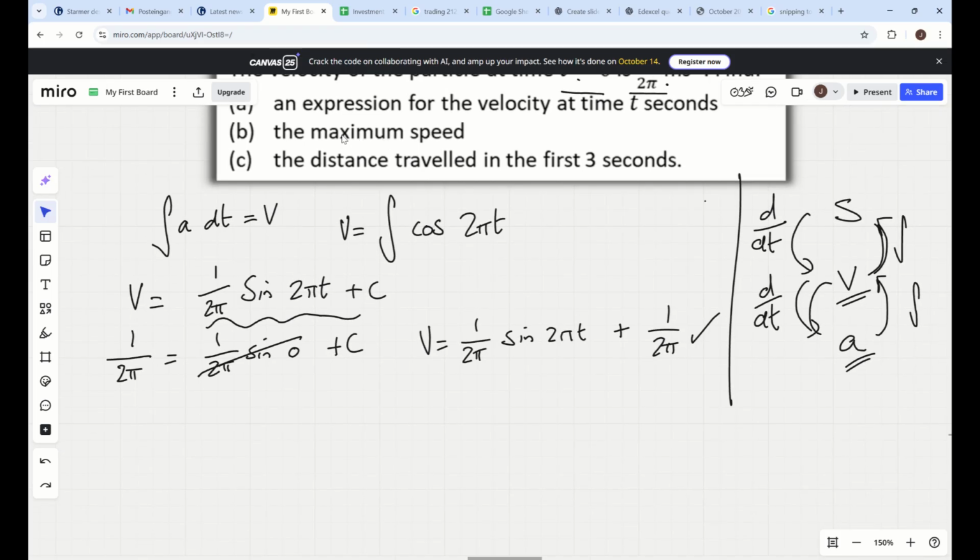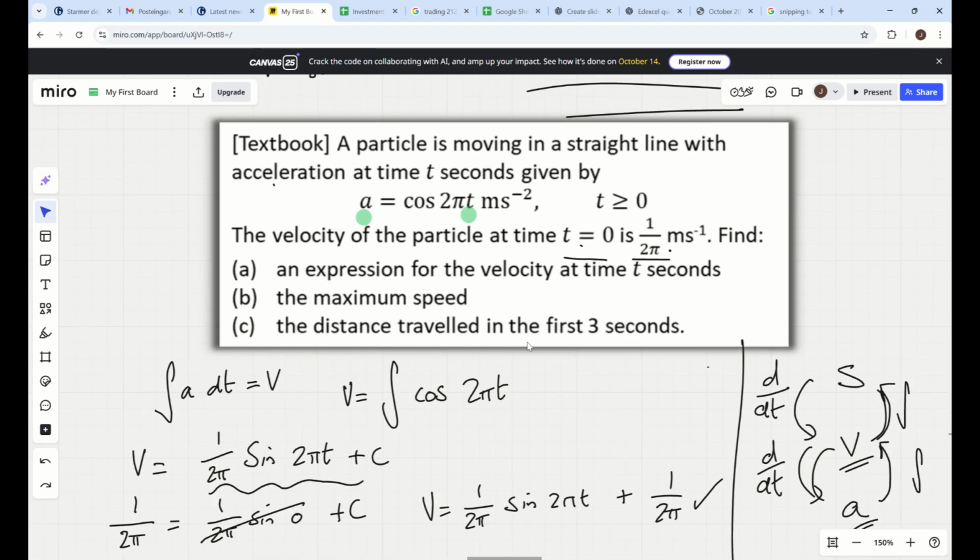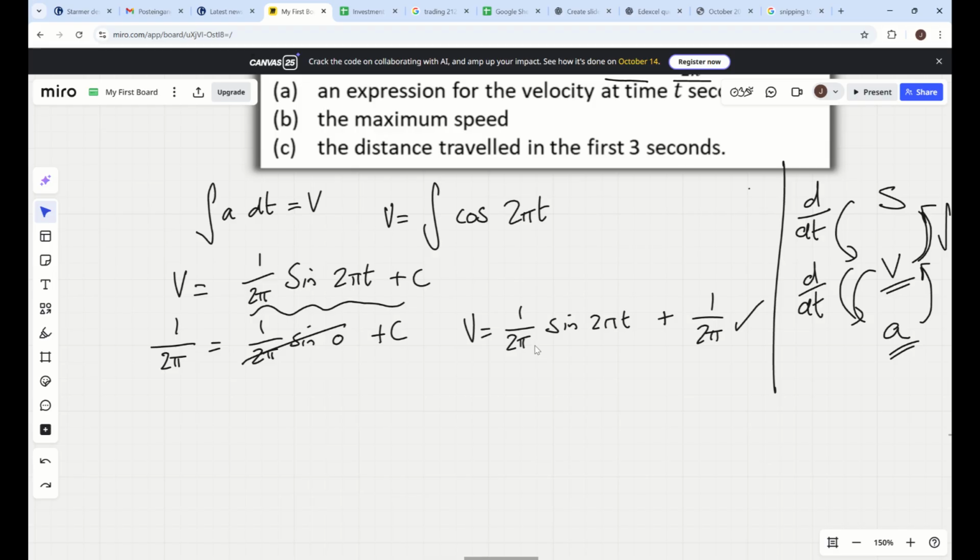It wants to know the maximum speed. Well, there's no i or j just yet, so we're only dealing in one dimension. So the maximum speed is really going to mean the maximum velocity, and we've already got that. What we want to do here is think about a sine graph. We know that a sine graph has a range usually between 1 and minus 1.